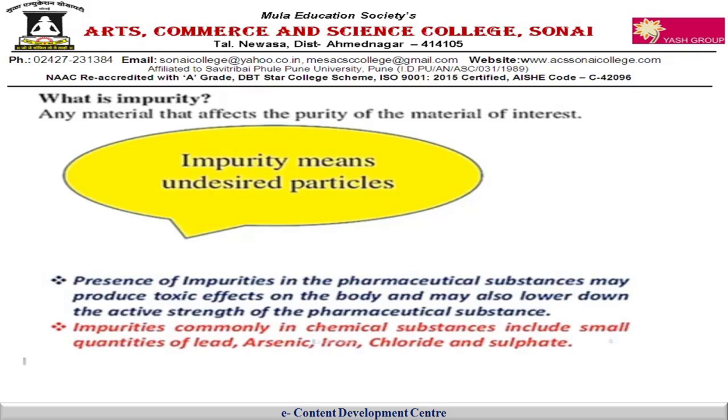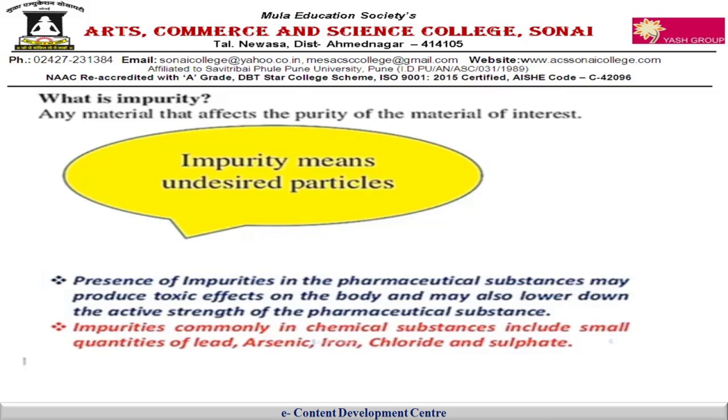So first we must know what is impurity. Any material that affects the purity of the material of interest. That means impurity means undesired particles. The presence of impurities in pharmaceutical substances may produce toxic effects on the body and may also lower the active strength of the pharmaceutical substance.